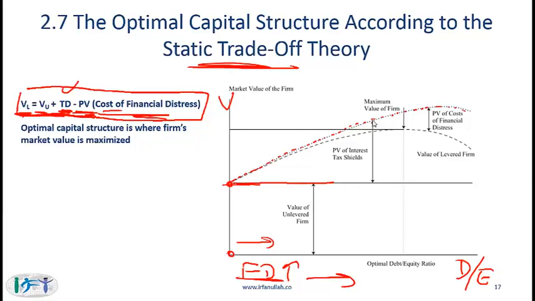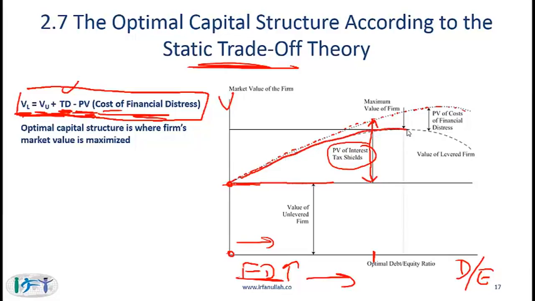So what is this distance? At any value of debt to equity, this distance is the present value of the interest tax shield, the fact that you get a tax deduction by paying interest. So that is the value of the tax shield. But then this other curved line over here, what is this?